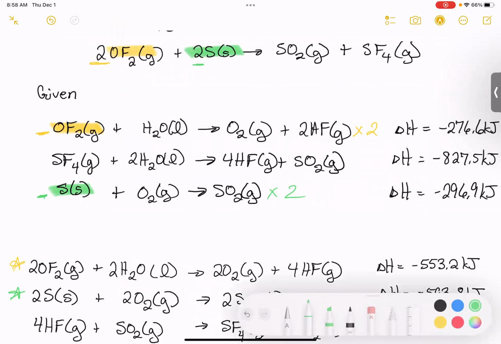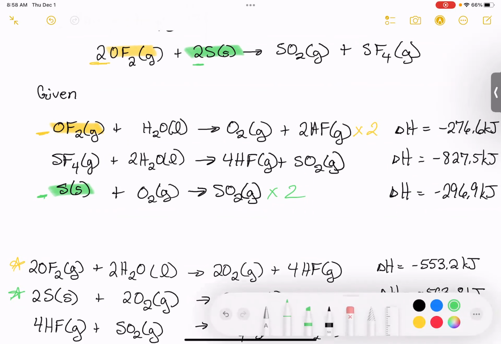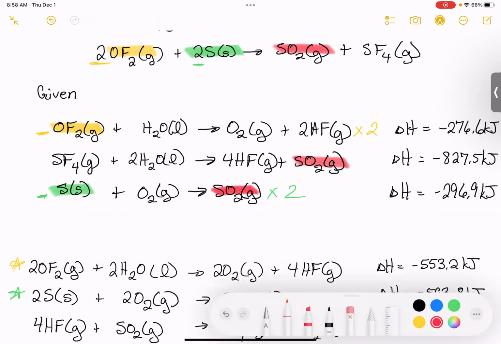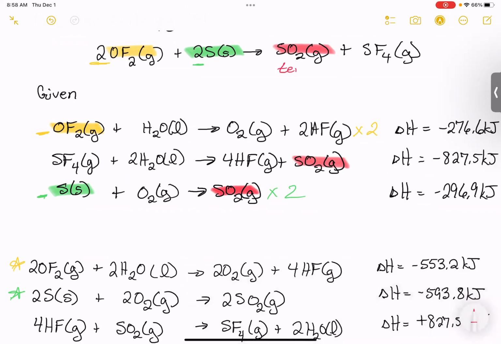I continued on in my pursuit through this stuff. And the next thing I noticed was sulfur dioxide. But I had 2 equations with sulfur dioxide, so I skipped that temporarily. And went on to the SF4.